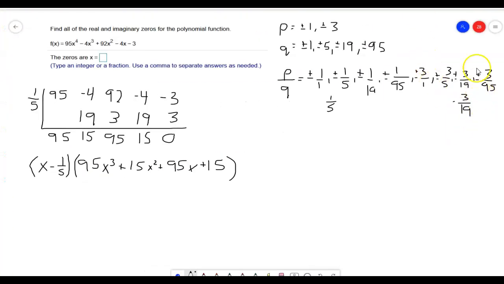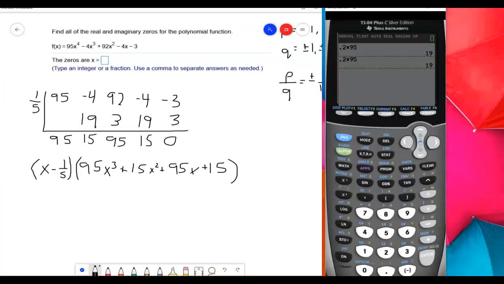The other one is negative 3/19 that we found. So I'm going to do the same thing, and I am going to use synthetic division on negative 3 over 19 in order to reduce this even farther. So here are my coefficients now. I'm going to write those coefficients in here, 95.